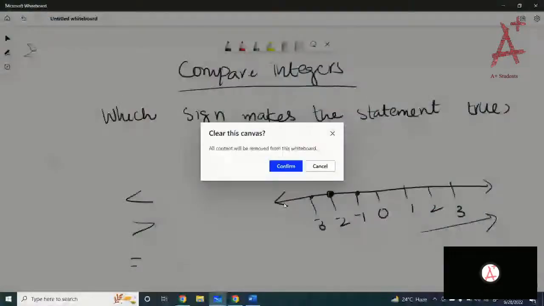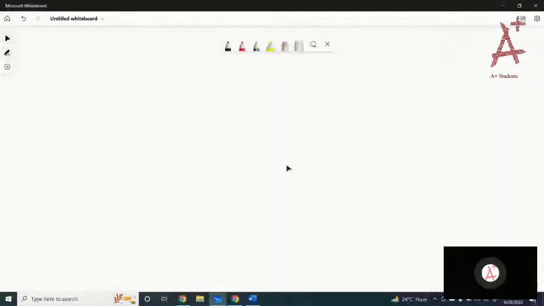Just click on the back button, and the topic we're going to start with is put integers in order. You can find these lessons on aplusstudents.com. You have to log in using your email address and password provided by the administration.